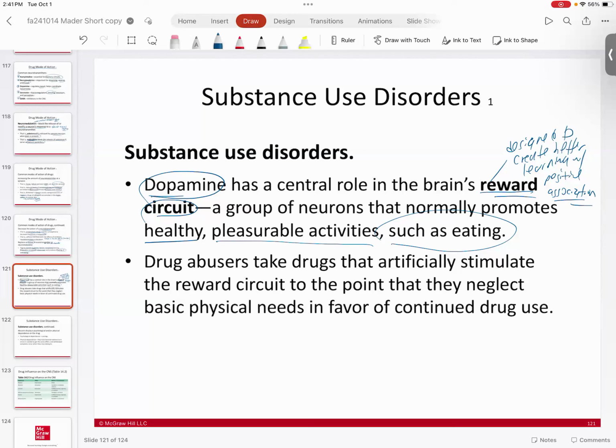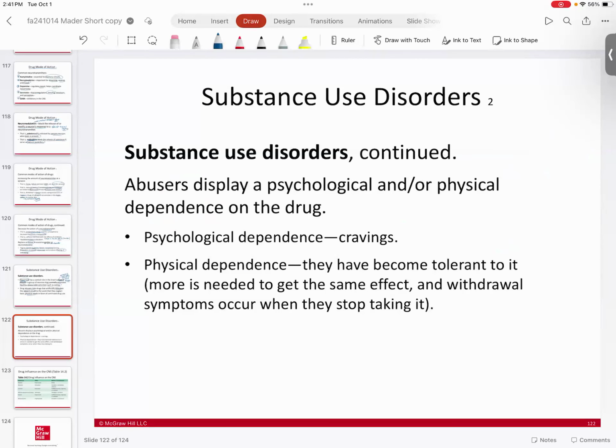Oftentimes, however, when you take drugs that artificially stimulate that reward circuit, oftentimes to the point where they'll actually neglect basic physical needs in favor of continued drug use, then you start to get into some dangerous patterns where you really start to distort and co-opt the normal pathways, and you start to create problems.